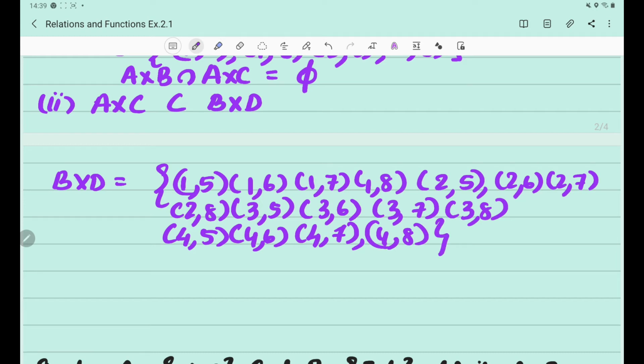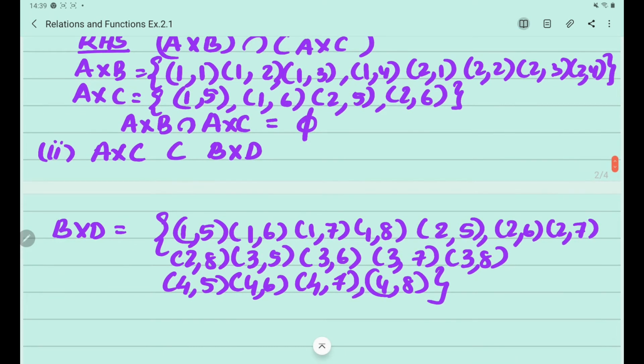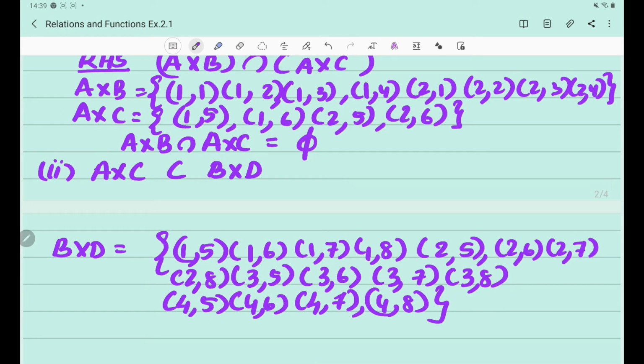Now let's check, not intersection, sorry, it is a subset. Subset means all the elements of A cross C should also be included in B cross D. Let's check that first. You can see that (1,5) is already there.